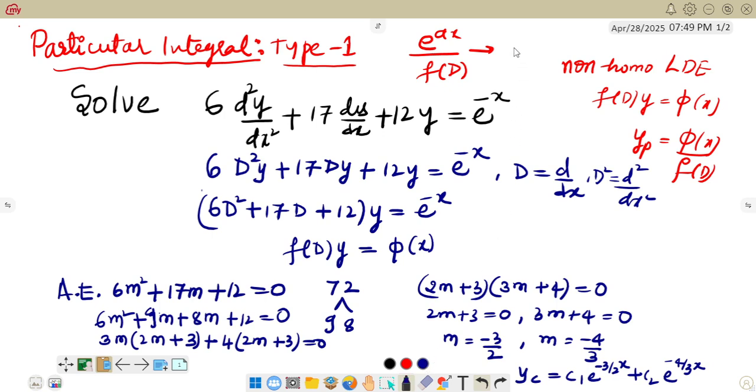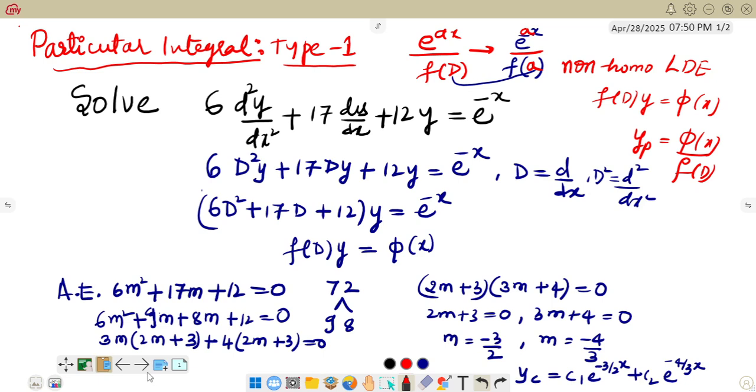To evaluate exponential by function of D, we write the numerator as it is, that is e raised to ax, and in the denominator we replace D by the a value, the coefficient of x.